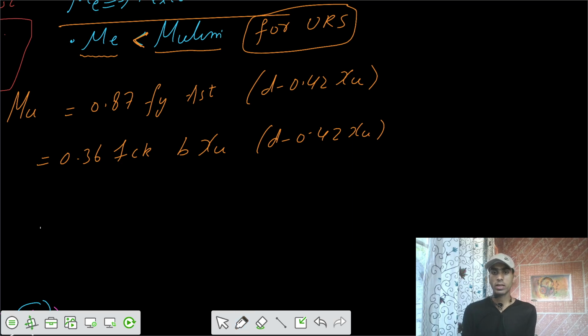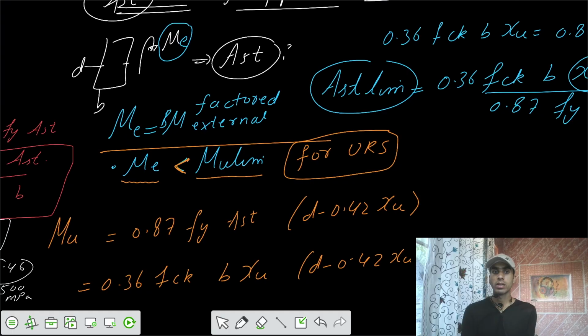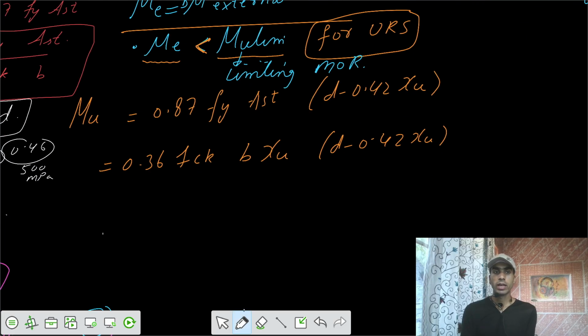Now, if I want MU limiting, the limiting moment of resistance, for that I have to substitute MU as MU limiting, AST as AST limiting and XU as XU limiting.